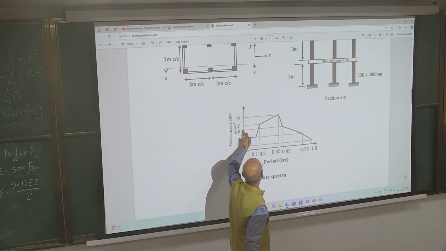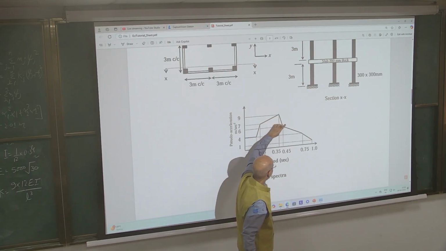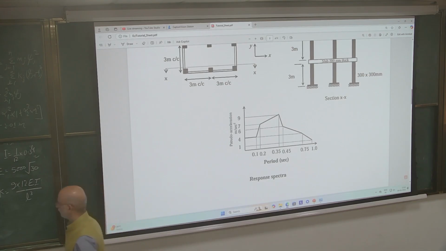This oscillation is pseudo oscillation. So it's 6, and then you have 9. So in between you have double interpolation. Okay. So double interpolation you have to do.